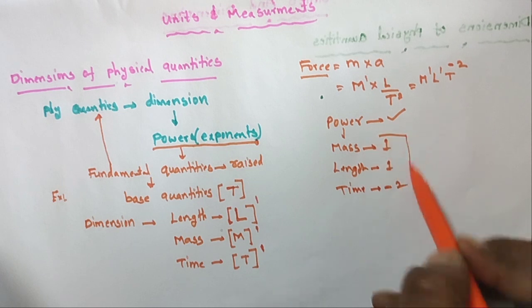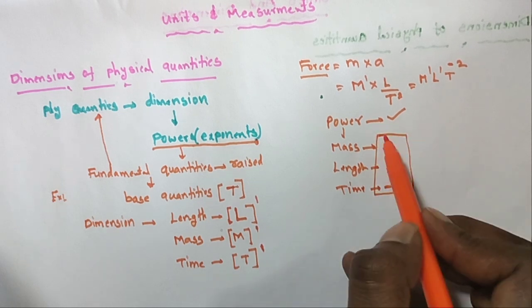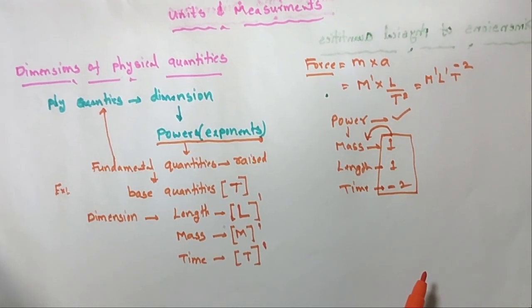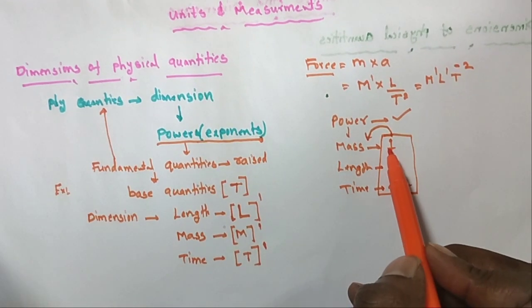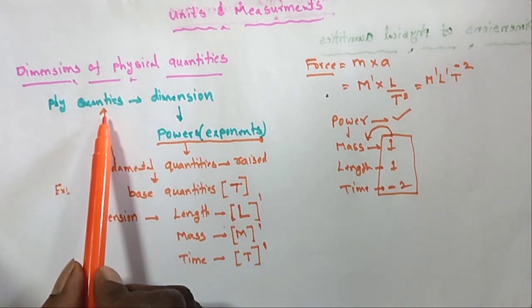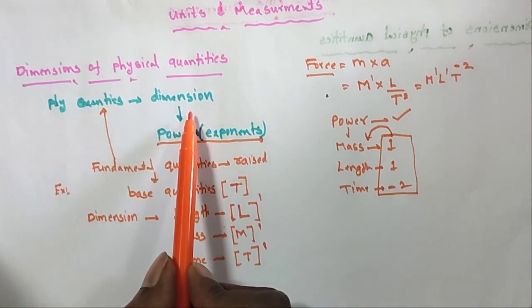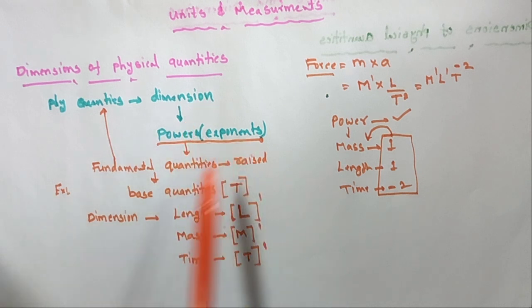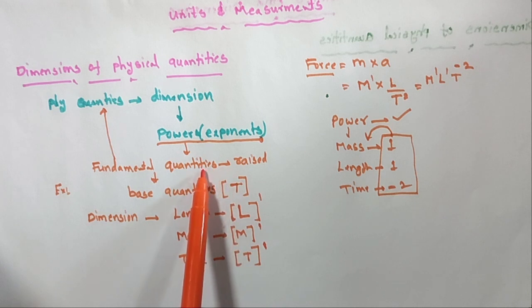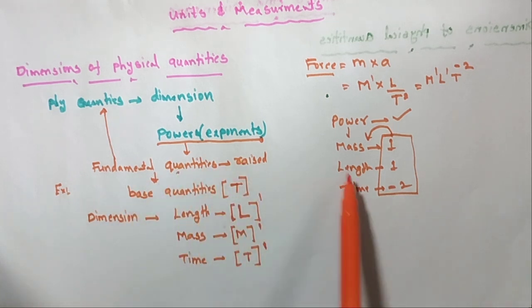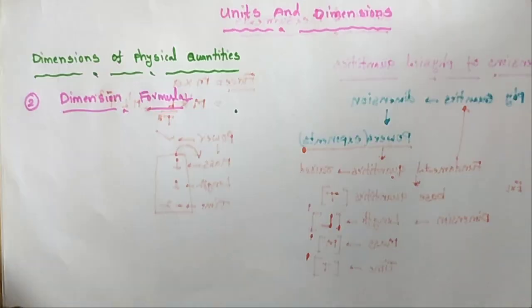So these powers are called the dimensions of this physical quantity. The dimensions of physical quantities are the powers or exponents to which fundamental quantities are raised to represent that physical quantity.